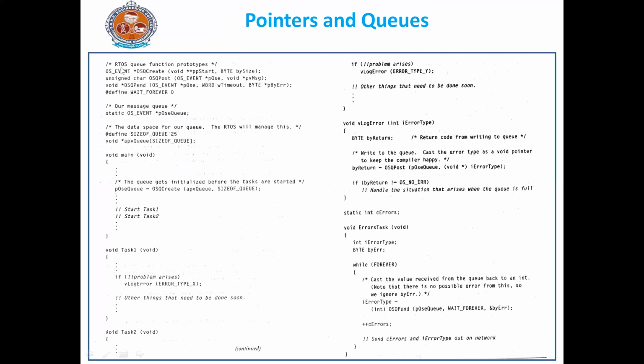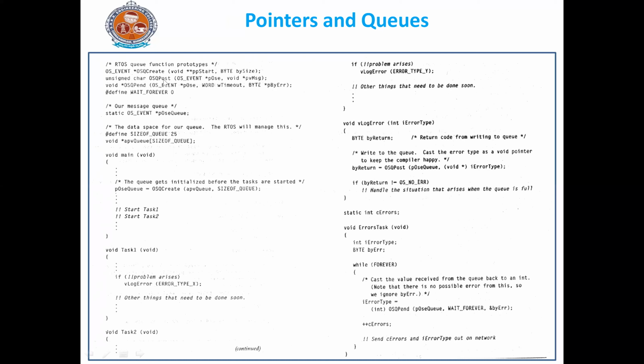If you see here, the RTOS queue function prototypes, we had given only the prototype, which is simply a function. Here we are giving it in detail. So OS event, this is the queue create function. Then this is post and pend.